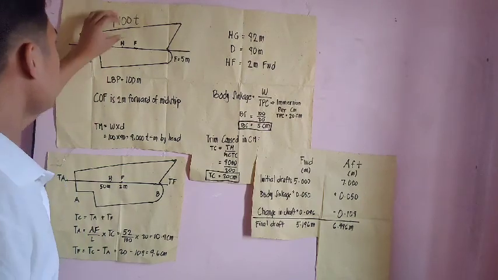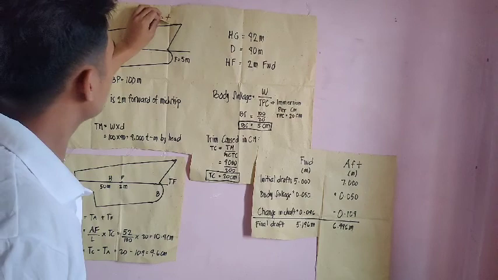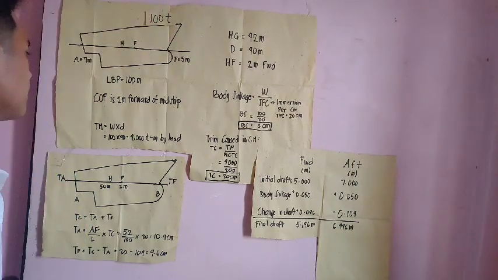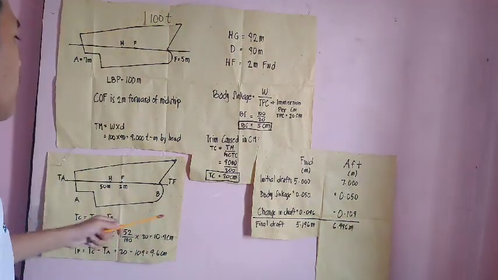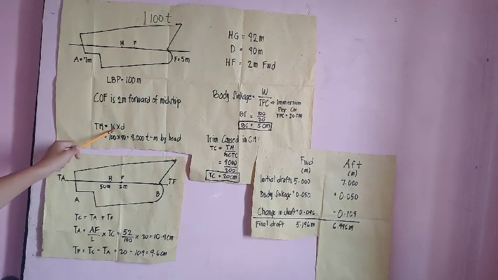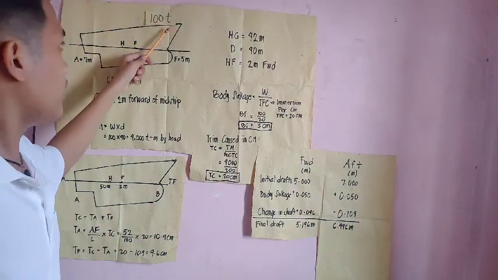And if we're going to put our 100 tons back over here, it will create a trimming moment. The formula of the trimming moment is W times the distance between the center of flotation and our weight.